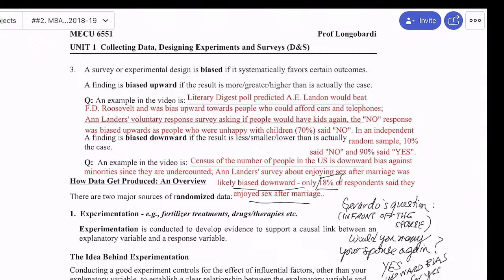It's just much more efficient to do a voluntary response and then write in all the disclaimers about the possible systematic bias, and try to develop it in different ways to avoid those biases, than actually doing a random sample.